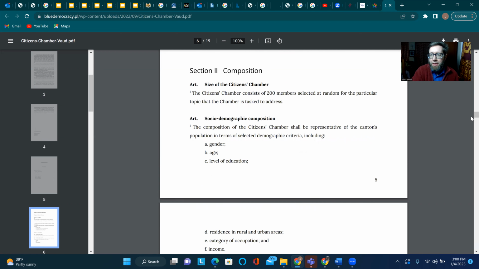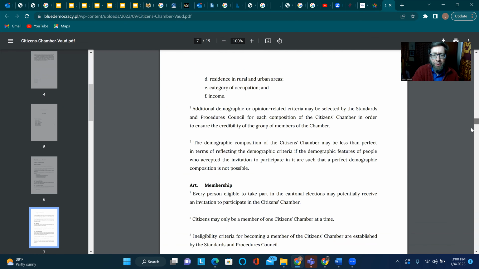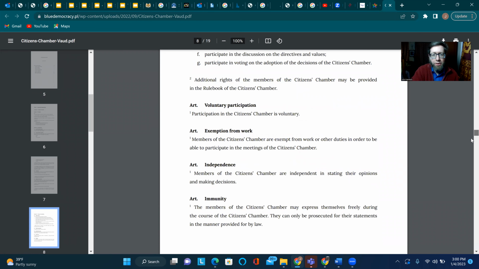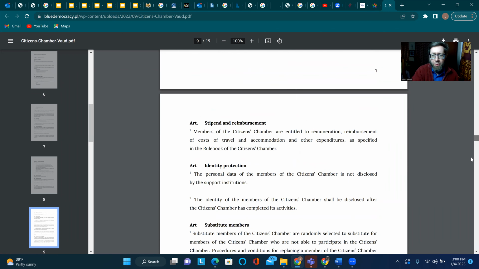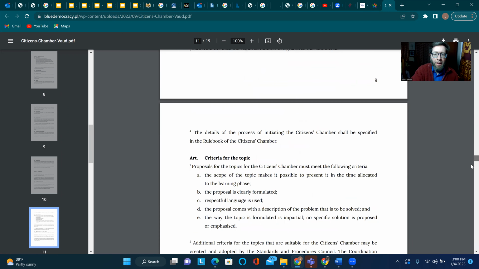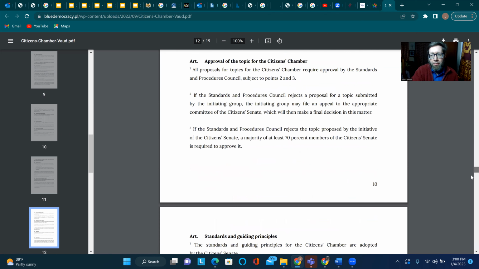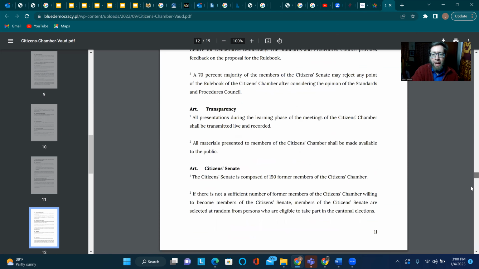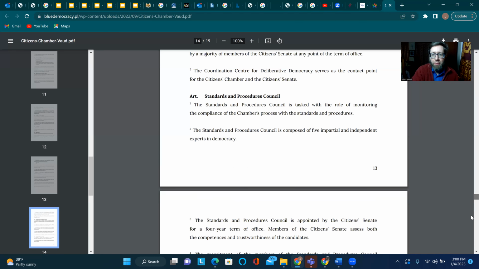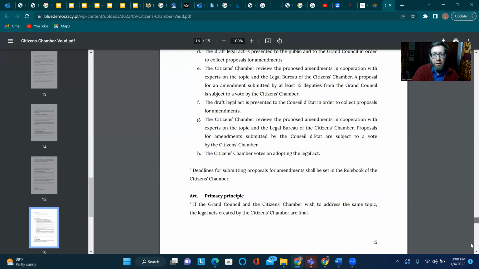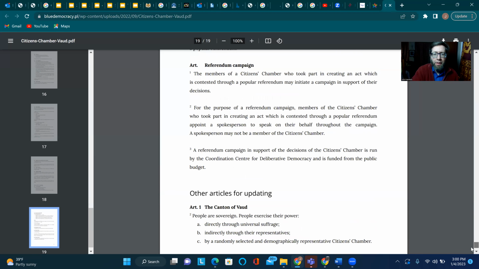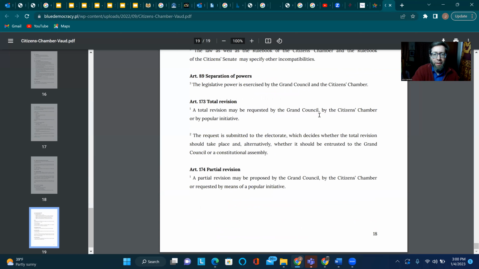Well, one thing that's interesting about this is that it's written in legal language, so that it wouldn't take a lot of editing to actually make this a statute in your community. So that's very interesting. What I like here, the separation of powers.